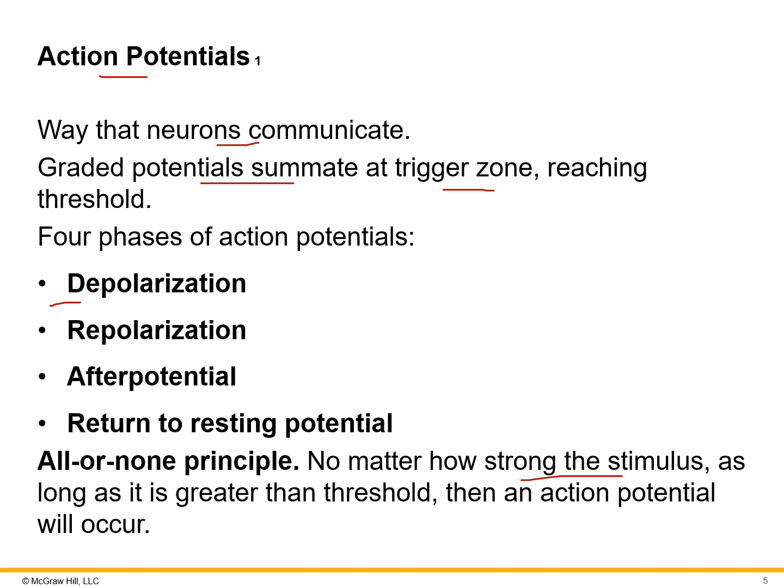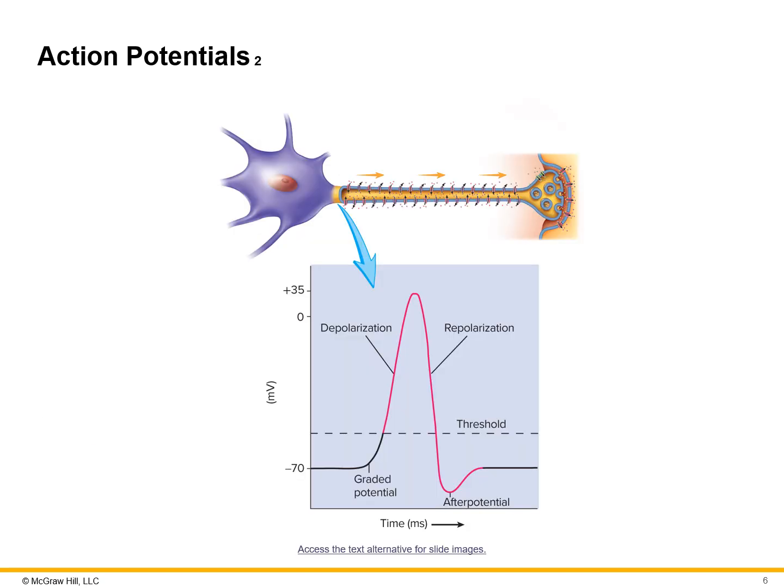So we have the 4 steps we'll go through next, which is depolarization, repolarization, after potential, and then the return to rest. So first of all, looking at all of them together. So again, we have this graded potential. We're getting a change in the membrane potential. Once we reach whatever this threshold is, then we always get the same depolarization every single time.